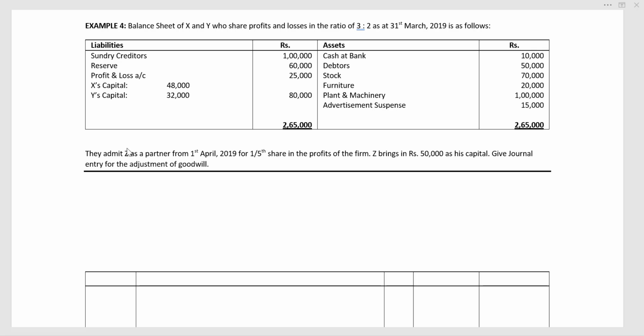Further, they say that they admit Z as a partner from 1st April 2019 for 1/5 share in the profits of the firm. Z brings in rupees 50,000 as his capital. Give journal entry for the adjustment of goodwill.